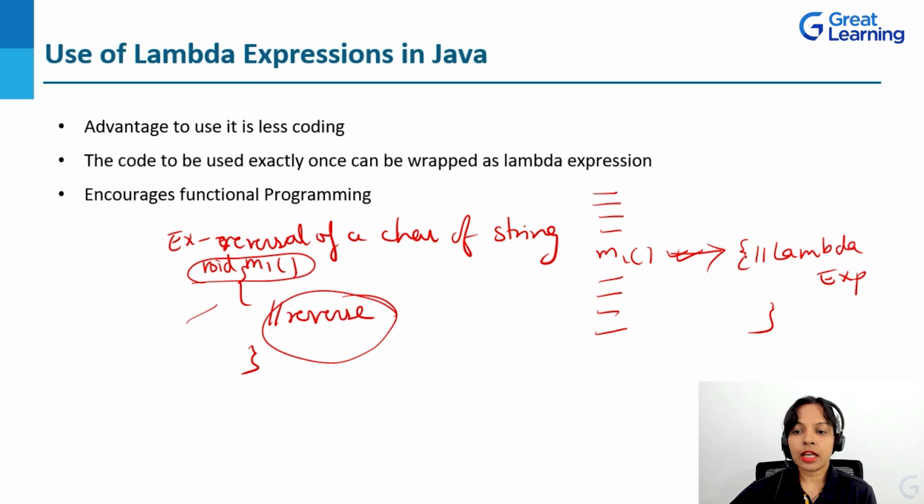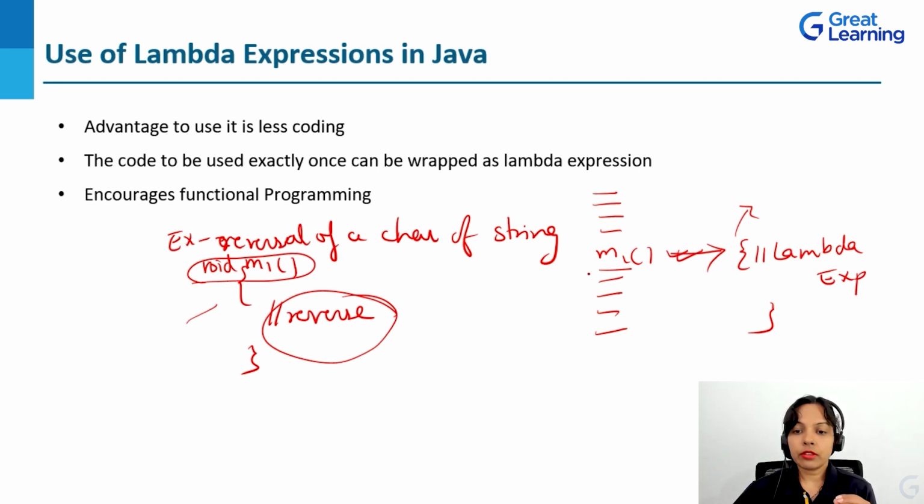And this Lambda expression will not have any name like the method had, M1, because it does not have to be called again and again. It has to be called only once. So if it has to be used only once, even if there is no name and the code is written directly there, it makes no difference.